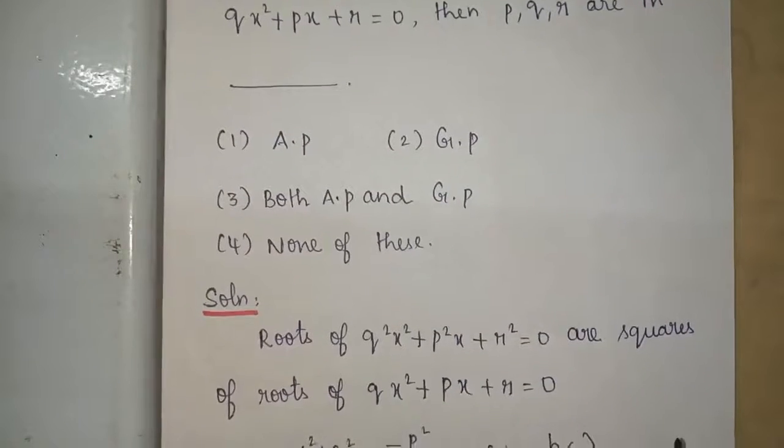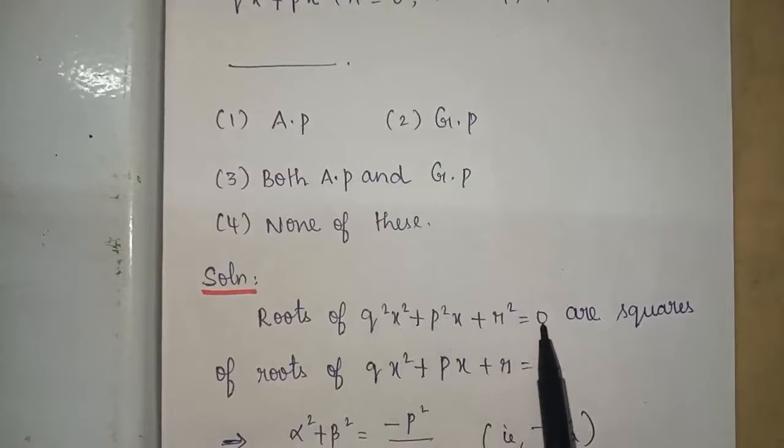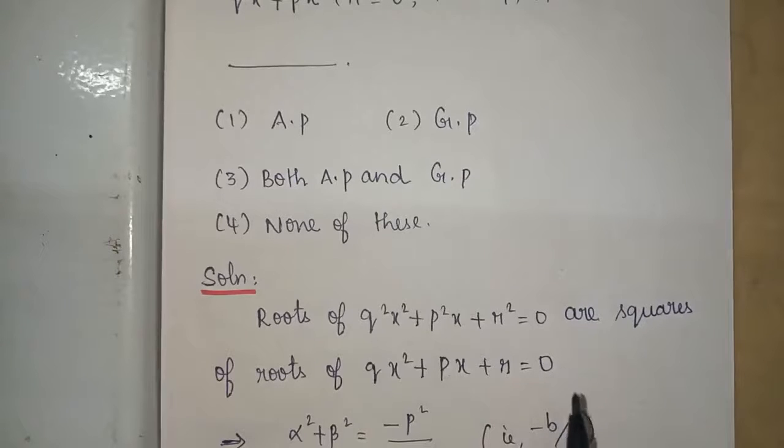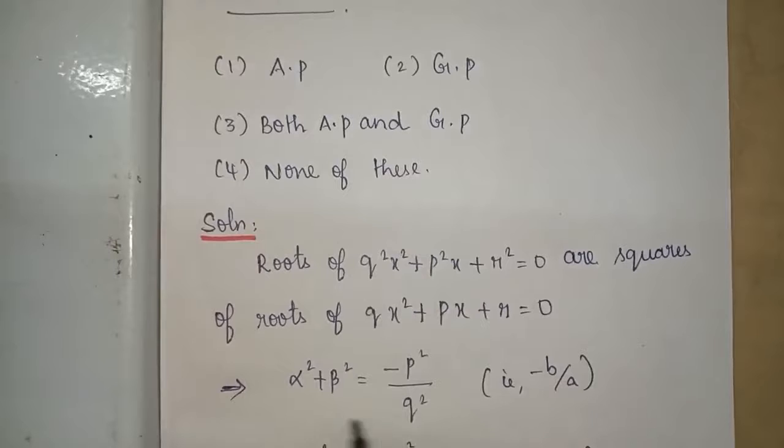So solution: the roots of q²x² + p²x + r² = 0 are the squares of the roots of qx² + px + r = 0. This is given in the question. So you have to find the sum of roots and product of roots. So alpha square plus beta square is equal to minus b by a. This is the b value, this is the a value.